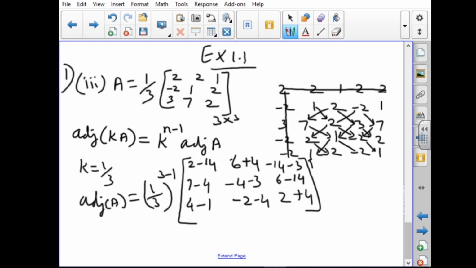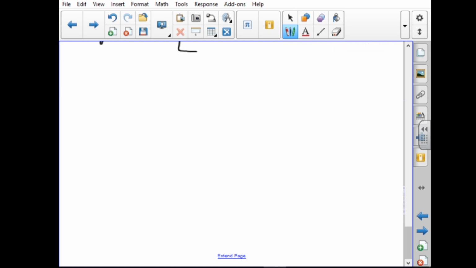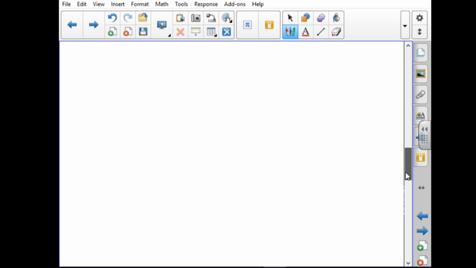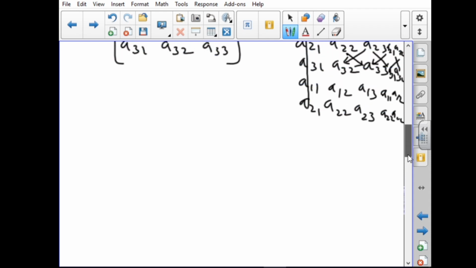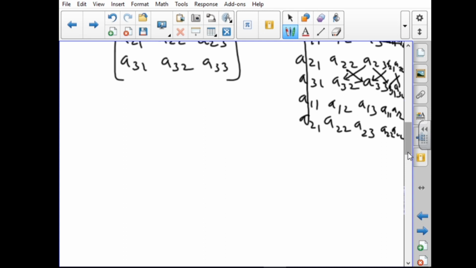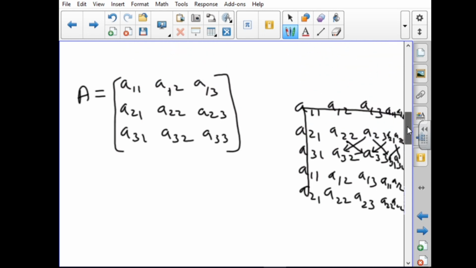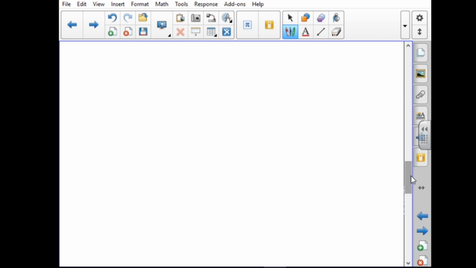So this is equal to 1 by 3 the whole power 3 minus 1. So 3 minus 1 is 2.